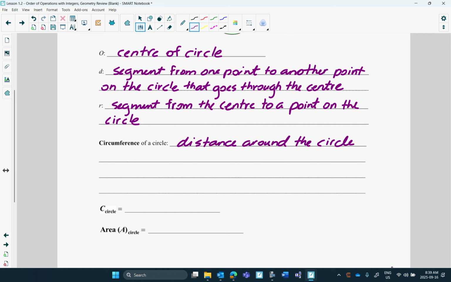And if we take the circumference of any circle and divide it by its diameter, what number do we always get?